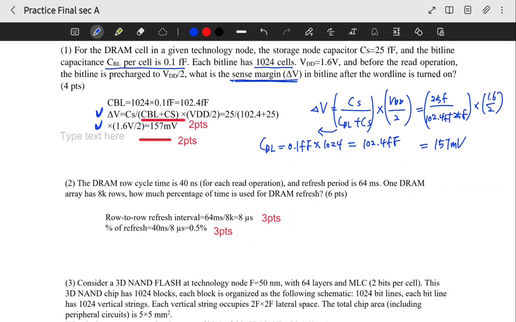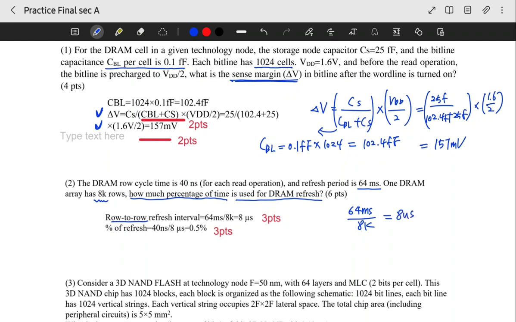And the second question is asking about how much percentage of time is used for DRAM refresh. So here the refresh period is 64 milliseconds, and one DRAM array has 8K rows, which means the row to row refresh interval should be 64 milliseconds divided by 8K, which is 8 microsecond.